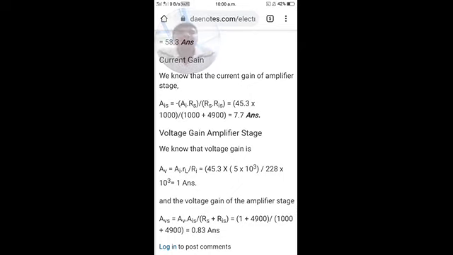First we draw the AC equivalent circuit, then we replace the transistor by its H parameter model according to its configuration, and then we use the formulas of current gain AI, input resistance Ri, voltage gain AV, and output resistance R0. The same formulas hold good by simply replacing the second subscript according to the configuration.